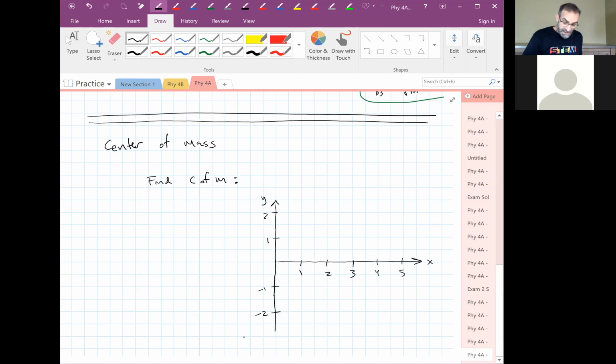Okay, so let's throw some point masses on here. We'll stick one here at the origin. We'll call that M1. And then at 2 here, let's have M2, and M3, and M4, and M5. 5 point masses.